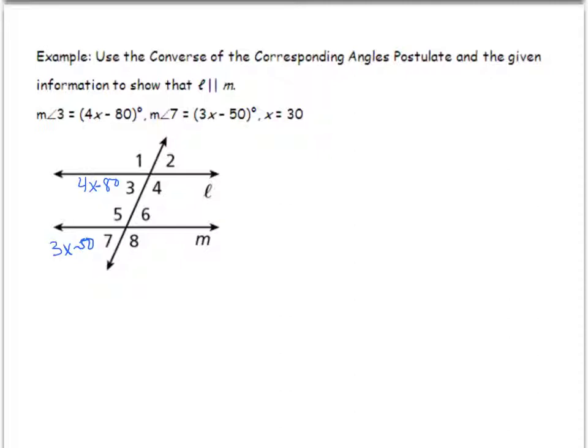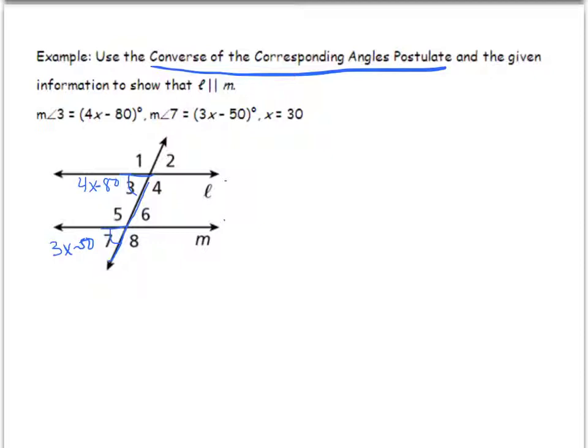Then they also tell you that x is 30. Remember, if I can prove that those corresponding angles are congruent, then by this converse postulate, those lines have to be parallel.